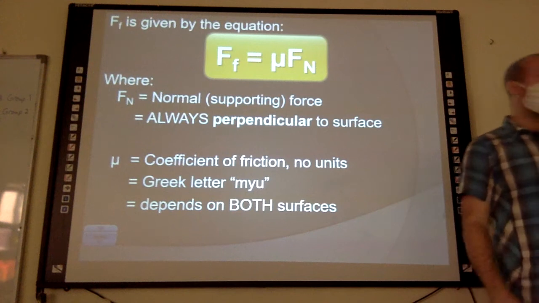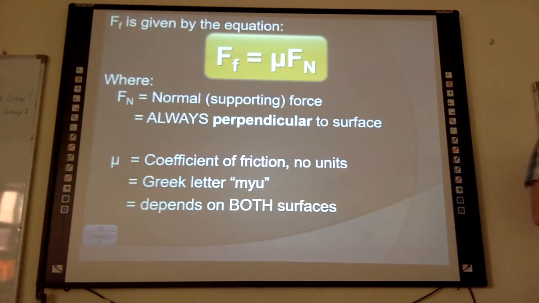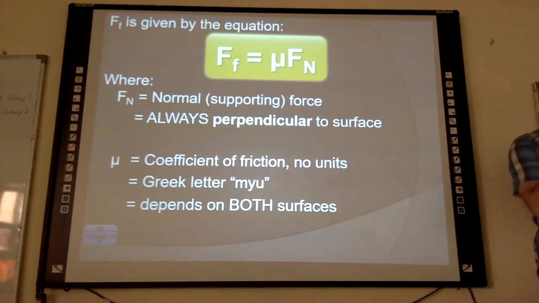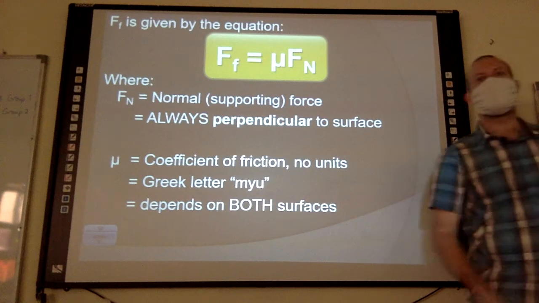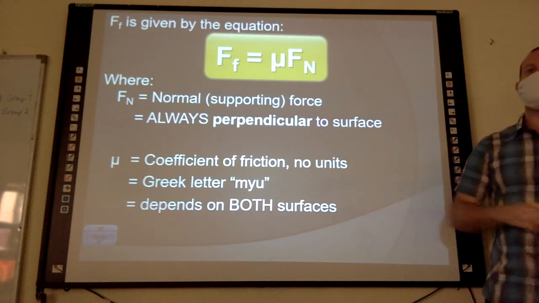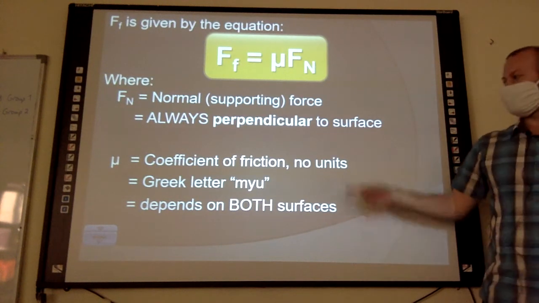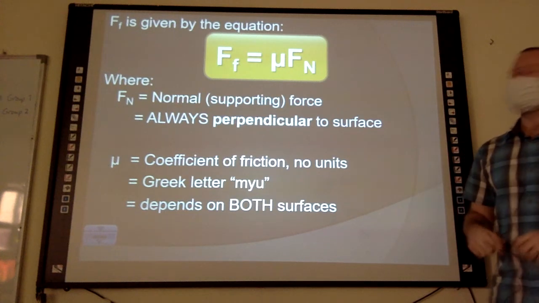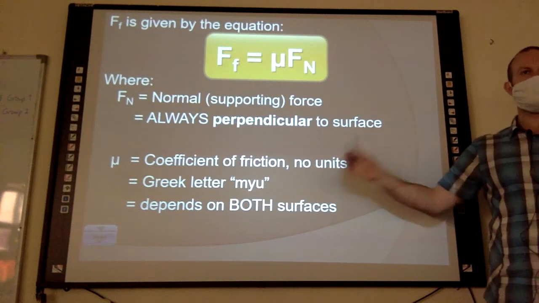I'm sure somewhere out there is a giant book that has a list of all the different things that you could have in contact, and it gives you the mu. So someone's gone out and they've been like, okay, let's calculate between birch wood and cedar wood. Rub those together, what's the mu? Let's do steel on ice. What's the mu? Steel on steel, ice on ice. Someone has thought of all these different combinations and has calculated those.